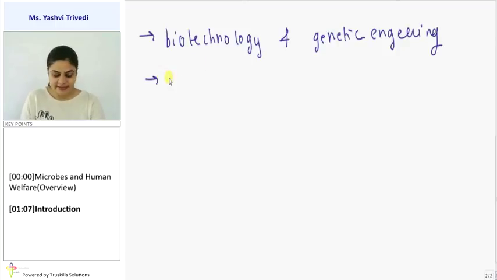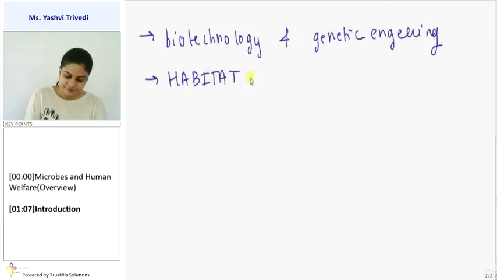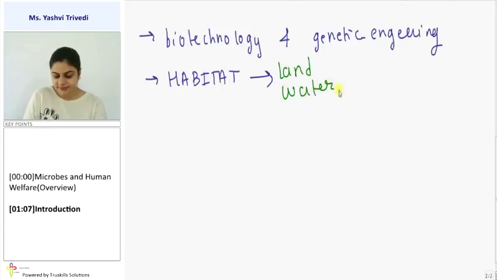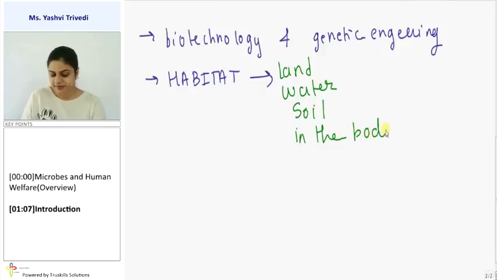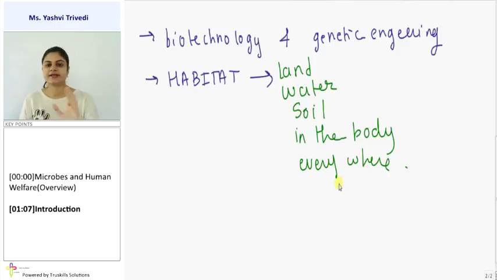This type of microorganism can have different habitats. They can live on land, in water, in soil, in the body of organisms. Basically, they can live everywhere, at any place in the world. So there is no particular habitat for a particular microorganism.